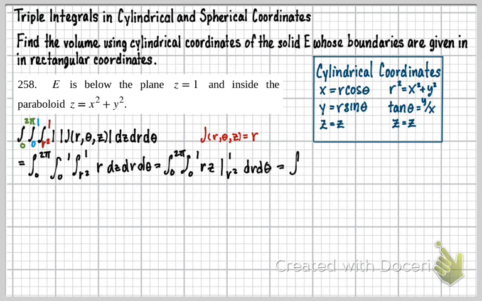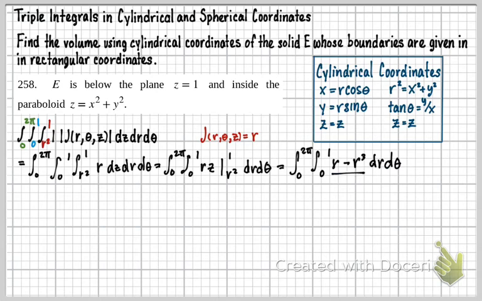So then this is going to equal the integral from 0 to 2 pi, integral from 0 to 1, and my upper bound, I'm going to plug in the 1 for the z, so I'm going to have an r here, and minus the lower bound, which when I plug r squared in there, that's going to make it r cubed, and that's going to be dr d theta.